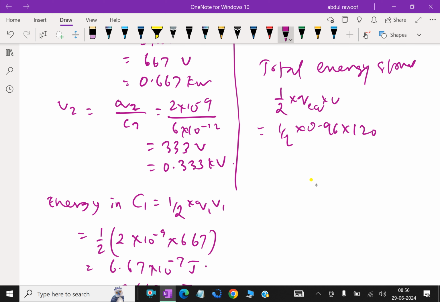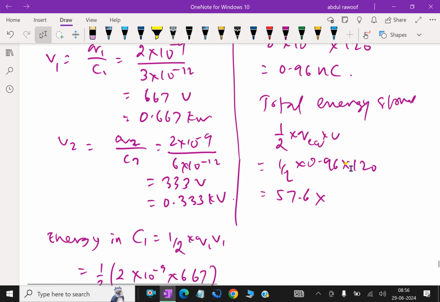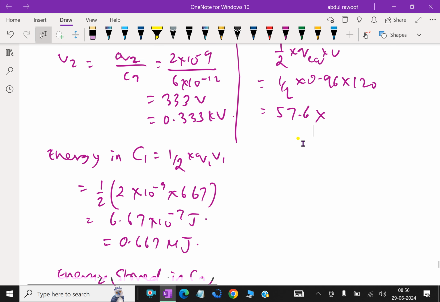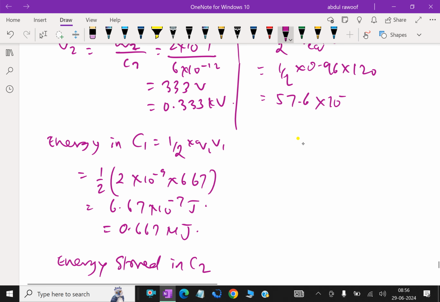Now 0.96 into 120 divided by 2 is 57.6. 0.96 is nanocoulomb, that is 10 power minus 9, and 120.